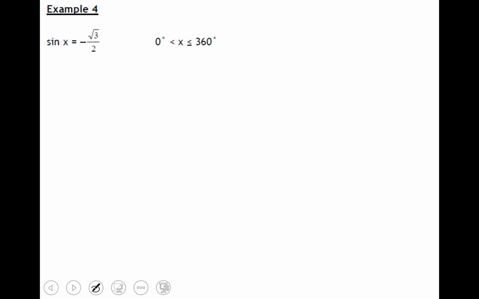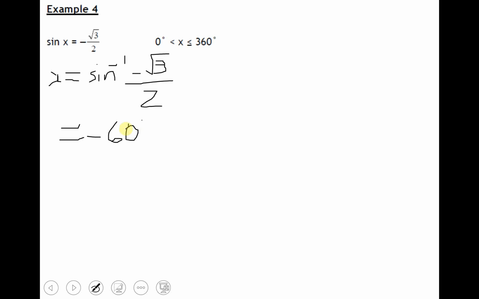Example 4, sin x equals minus root 3 over 2. So again, sin inverse of minus root 3 over 2. And our calculator gives us minus 60 degrees, which is not in the region that we've been asked for.